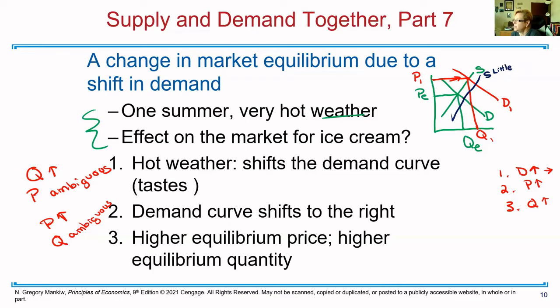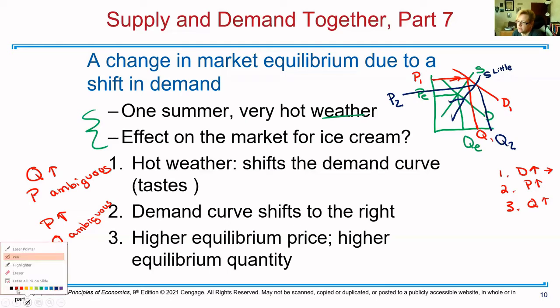Then our price is going to be here at P2, and our quantity is going to be at Q2. Compare that to a significant shift. I'm running out of colors here. Okay, to a significant shift, and that might be way out here.